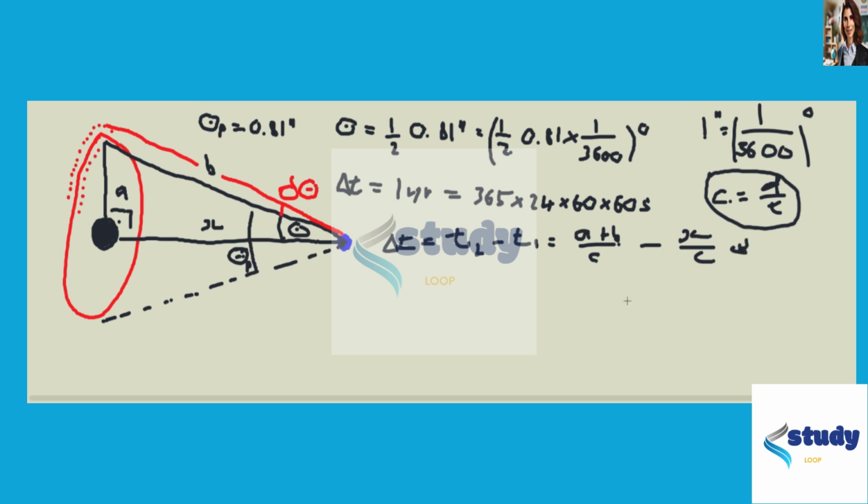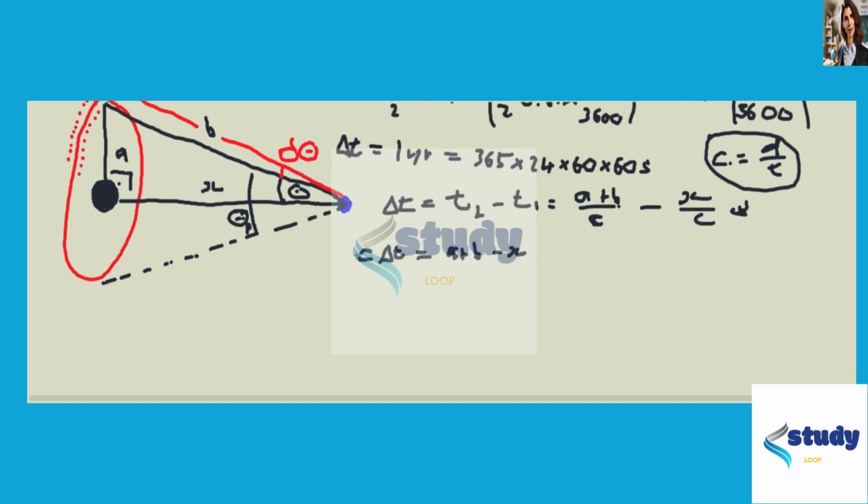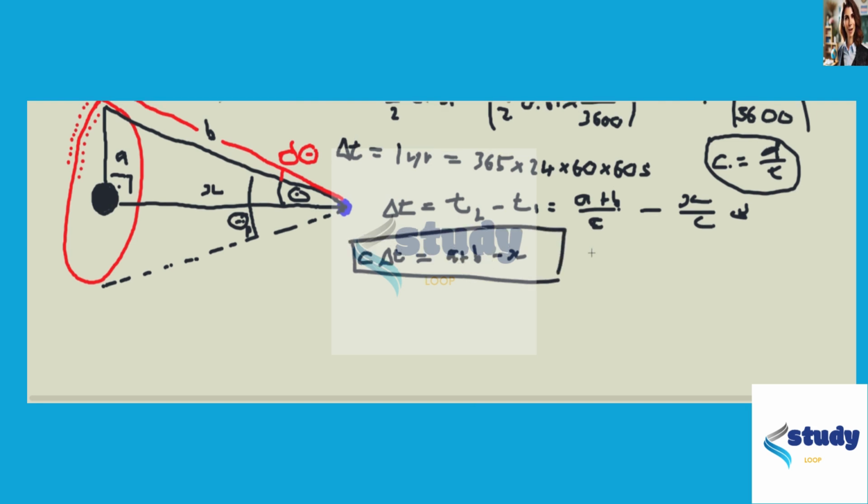Now we know what kind of geometry we have, and using this relation we can write c times delta t is equal to the distance of a plus b minus the distance of x. In order to use this formula to find x, we're going to have to write a and b in terms of x as well.